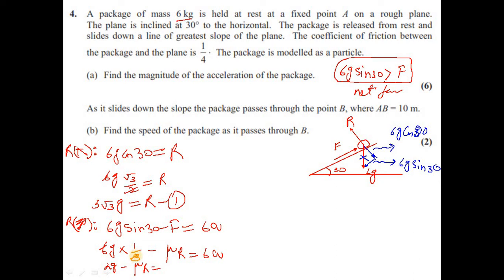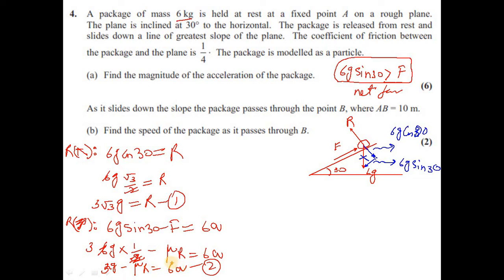This is not 1 upon 3, because sine 30 is 1 upon 2. So 6 times a half is 3, so this must be 3g. 3g minus mu R is equal to 6a. Okay, this is your equation number 2. So you have two equations. Equation 1 is 3 root 3 g is equal to R, and equation 2 is 3g minus mu R is equal to 6a.